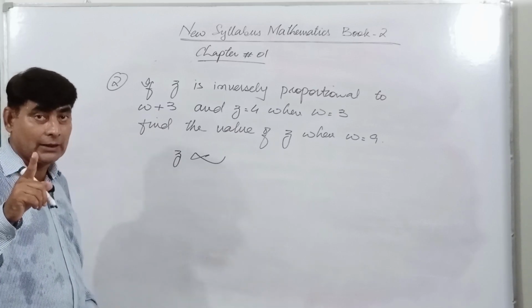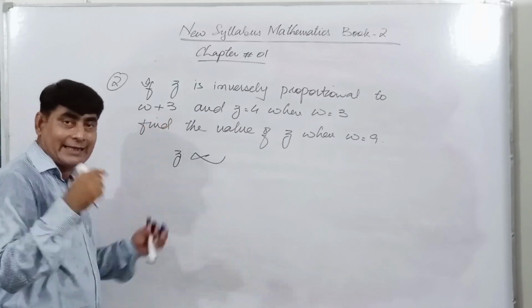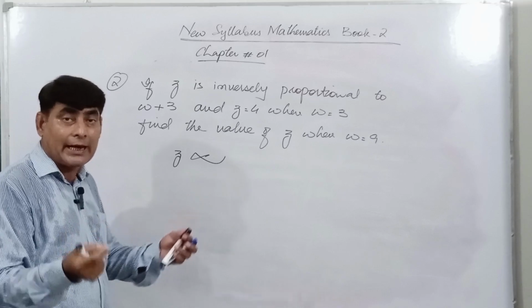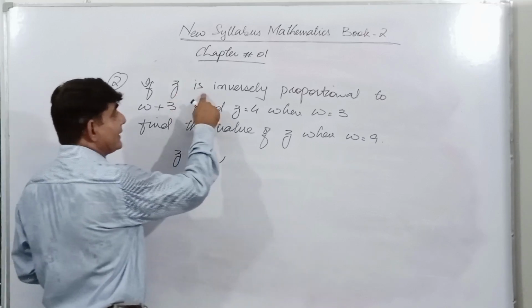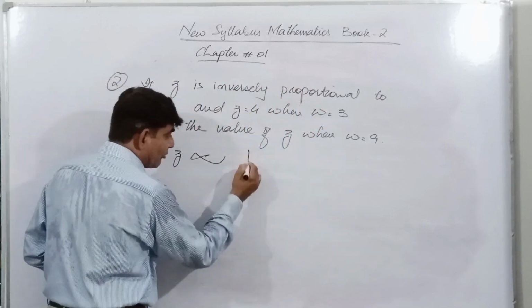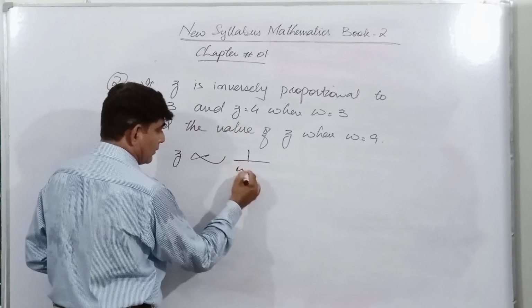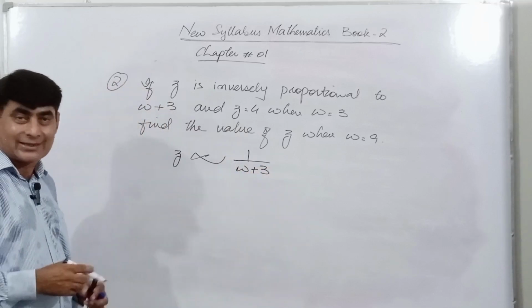Remember this point. We should place the second physical quantity in the denominator. If the words are used, z is inversely proportional to w plus 3, we must write down like this.